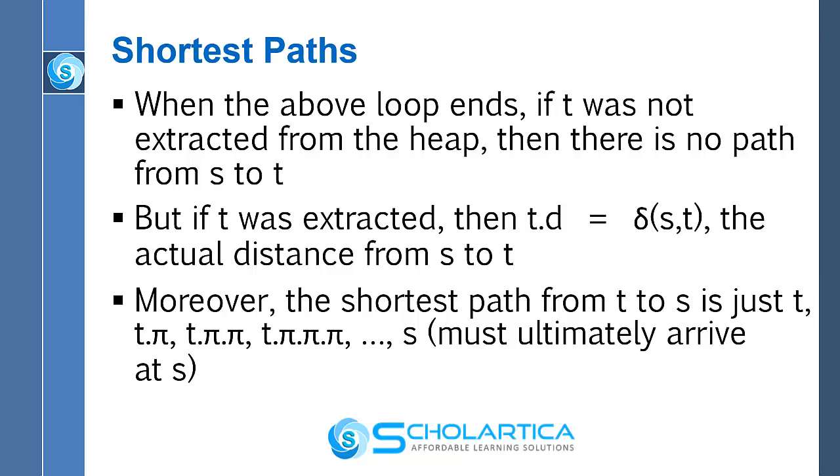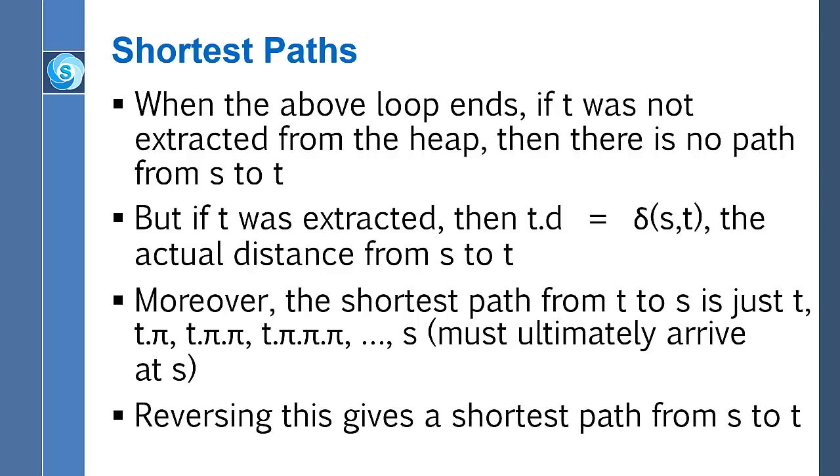And then T dot pi dot pi has to be a vertex that comes just before T dot pi along a shortest path that connects S to T dot pi, and so on and so forth. So if you think about this for a second, not only is this a path that goes from T to S, it's actually a shortest path that goes from T to S. So now if you simply reverse that path, you get a shortest path from S to T.